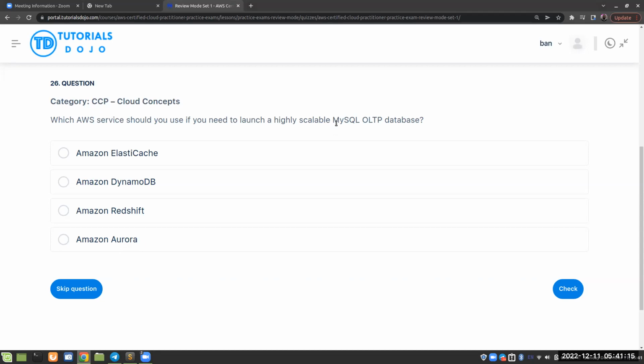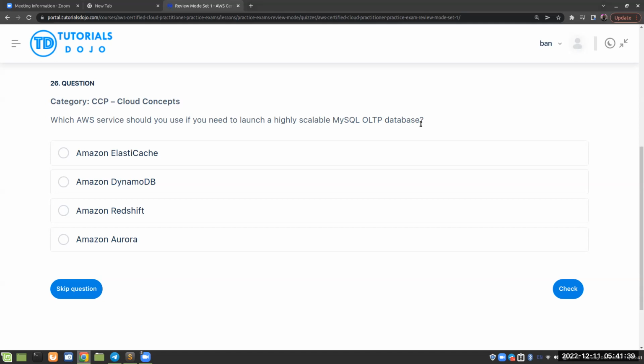You need to launch a highly scalable MySQL or LTP database. I don't actually know, but I think it's Amazon Aurora.